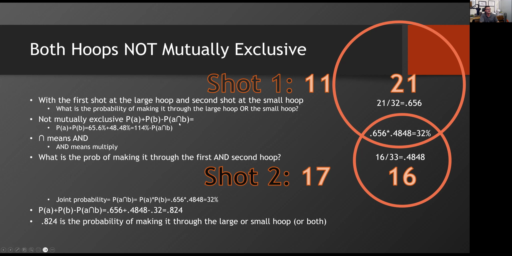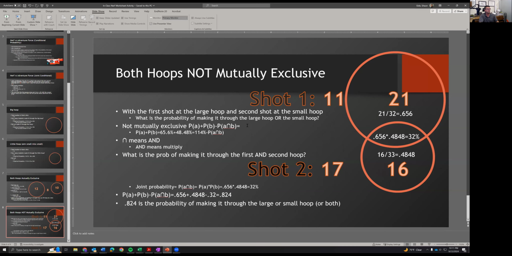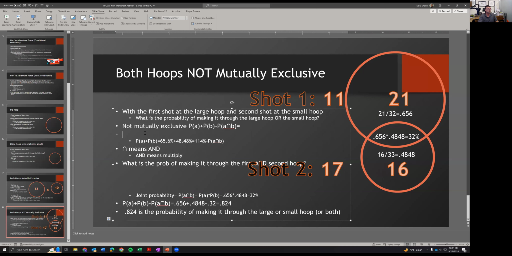Now, why is it that we need to subtract the probability of A and B? That's a great question. First of all, when we add up the probability of A and B, what does that calculate to? Probability of A plus the probability of B, so that's 65.6% plus 48.4%, and that gives us 114%.